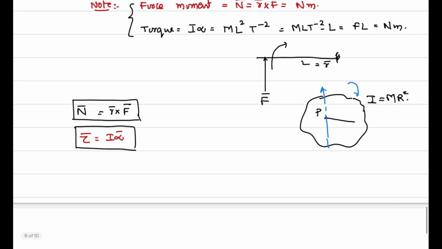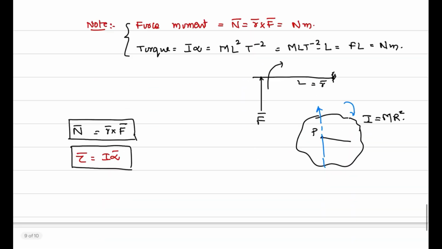Now, next quantity, please one by one, please try to understand. 15th quantity, work: dW is equal to F dot ds when linear motion is considered. The same is equal to tau dot d theta. This is when angular motion is concerned.